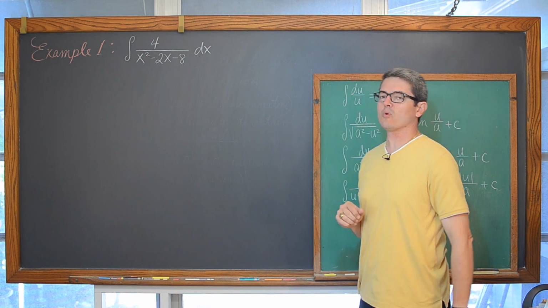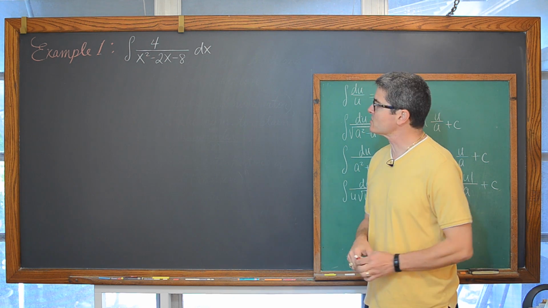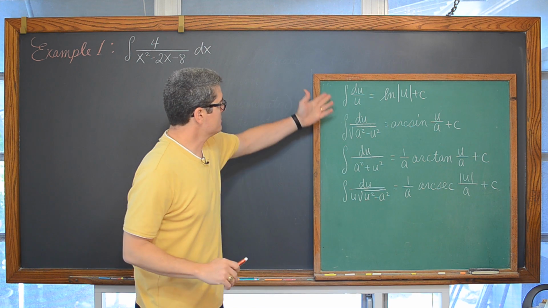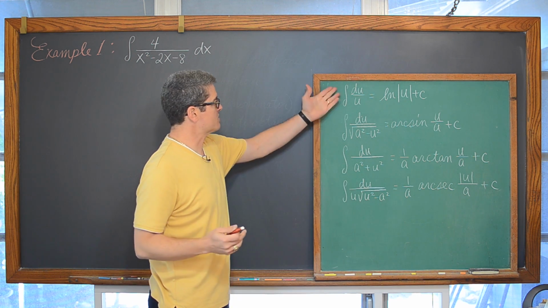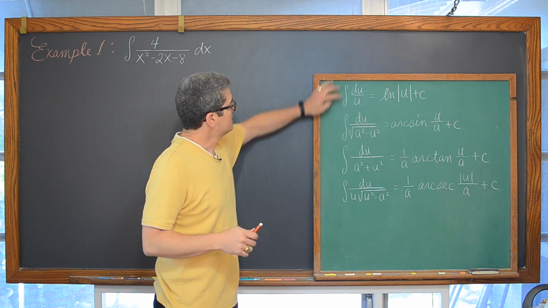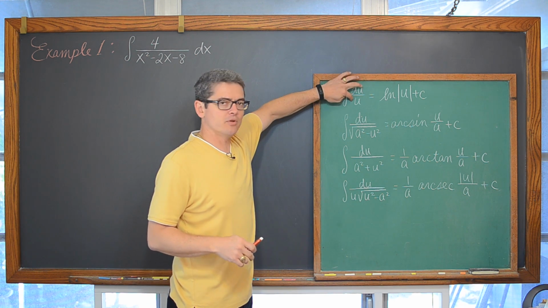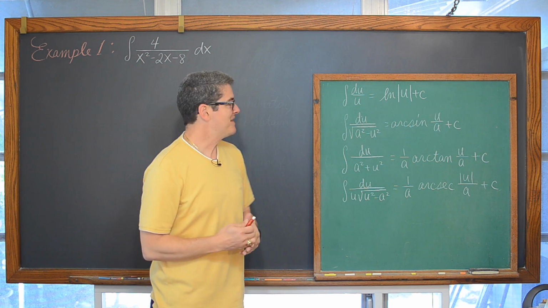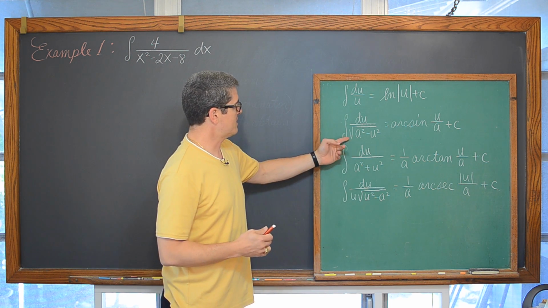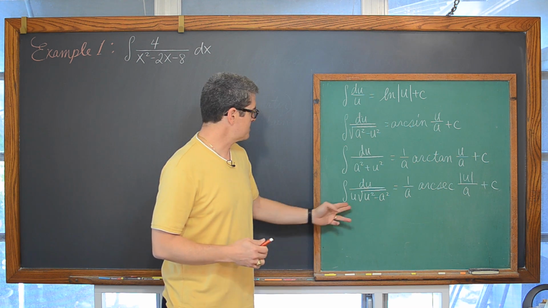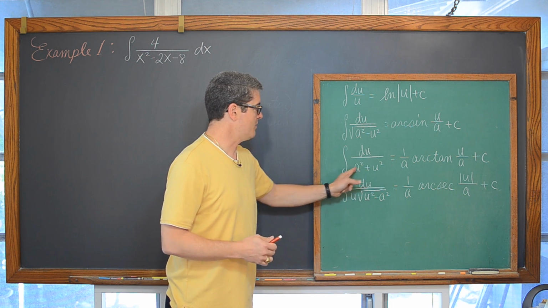For our first example, we're going to integrate 4 over x squared minus 2x minus 8 dx. And here are our basic integration rules that we've learned up until now that have fractions in them. Like we have a du over u, remembering that when we take a derivative of a polynomial, we reduce that degree by 1, and we've got some square roots of a difference of squares here in the denominator, and we have a sum of squares.